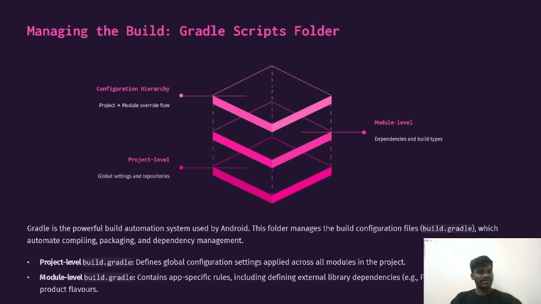Here we define things like SDK versions, libraries, and build types, such as debug or release versions. In short, Gradle automates the entire build process for us. Gradle is a powerful build automation system in this file structure.